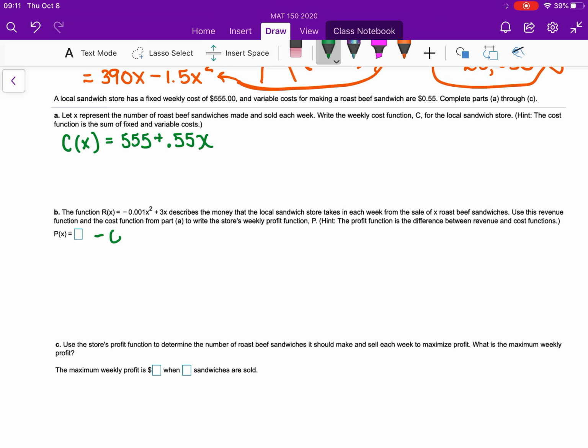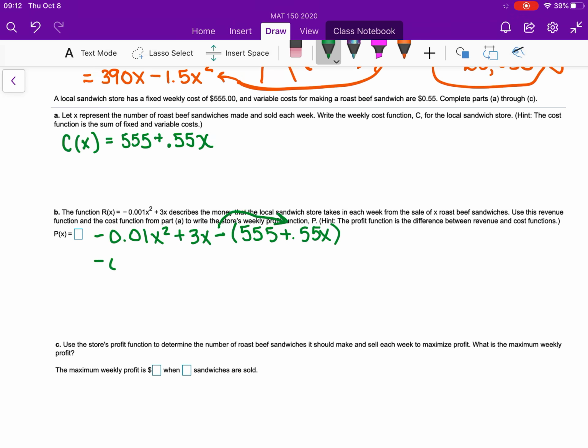So negative 0.01 x squared plus 3x minus the cost. Remember, parentheses are important here because you got to be able to distribute that negative sign. Some of you guys missed that whenever I was grading the test, so don't do that.